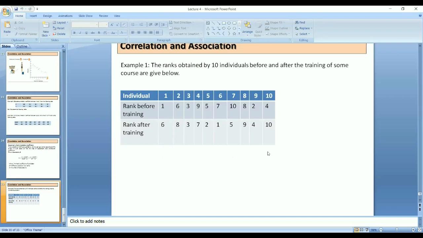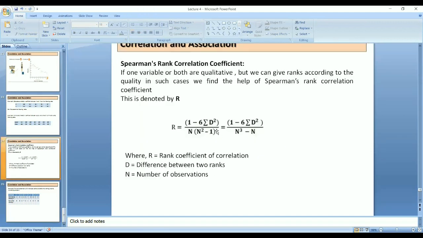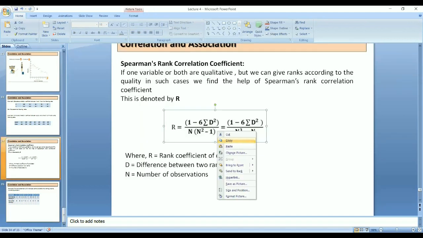So this is the example. You can try to solve this example right now. These are 10 individuals before and after training of some courses, and they have given the grade or rank. So rank before training, you can say this is X, and rank after training, this is Y. So type these variables, X and Y, and try to solve this problem in Excel.